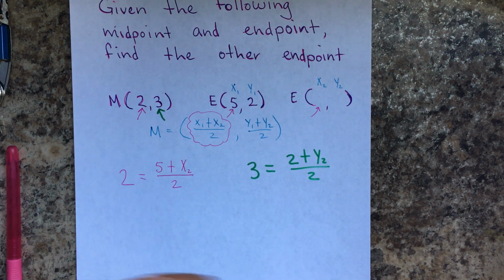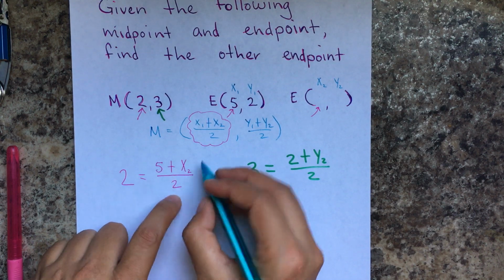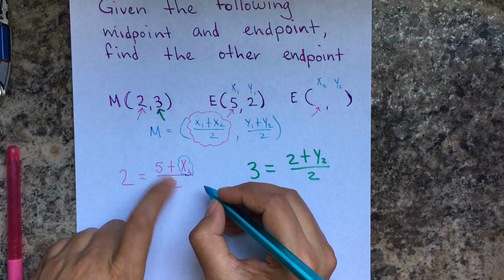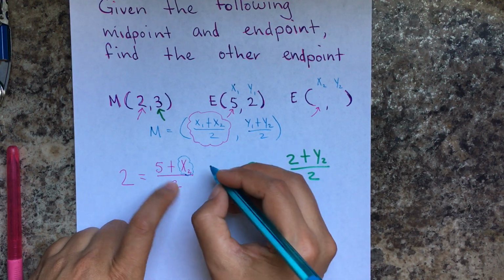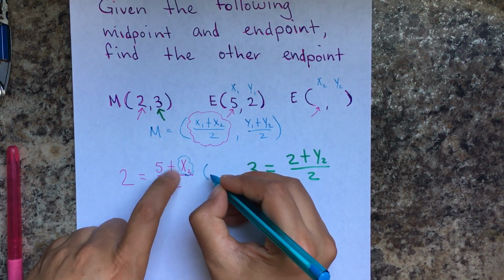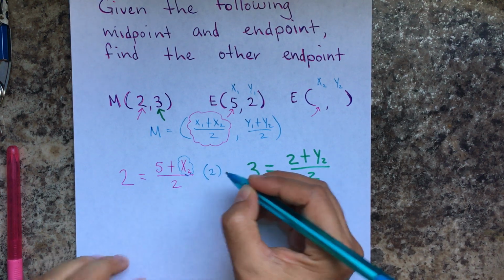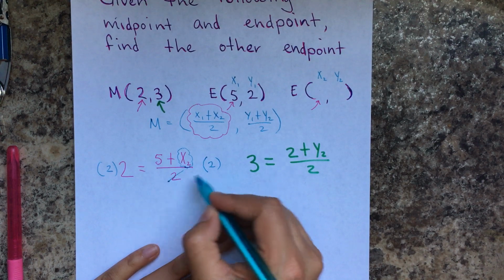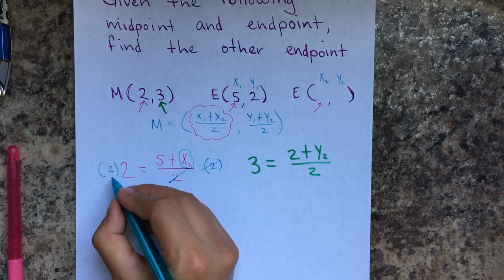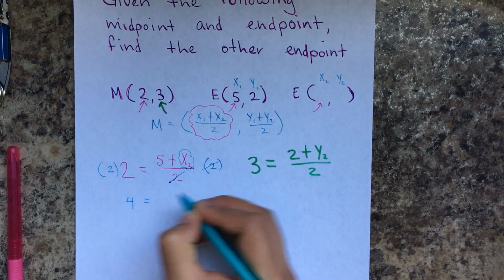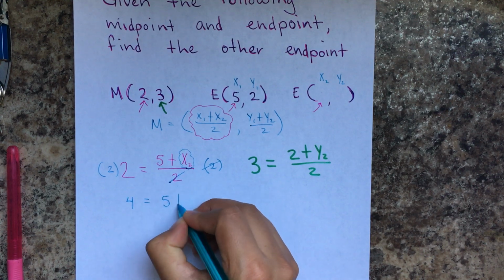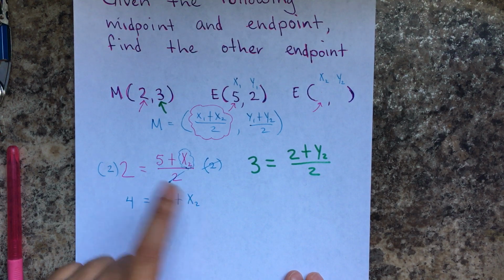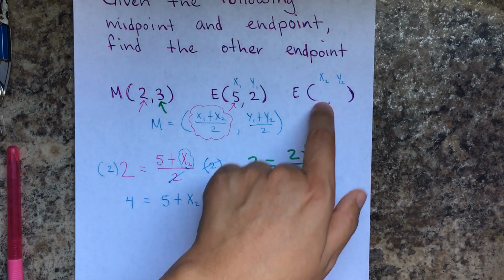So to leave x by itself, I'm going to have to cancel the 5 and the 2. The first one that I'm going to cancel is the division. If I'm dividing by 2, I'm going to multiply by 2. I have to do it on both sides. And so this cancels this. 2 times 2 is 4. 5 plus the second x.